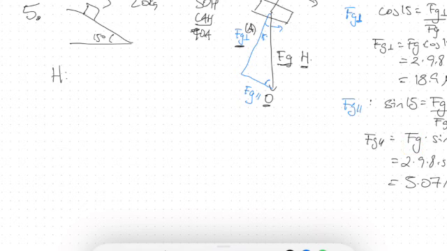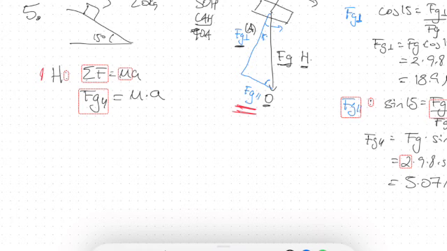So the horizontal equation is only one force, this one, Fg parallel. So I start with my sigma F equals ma. So Fg parallel equals m times a. So I can already calculate the acceleration.